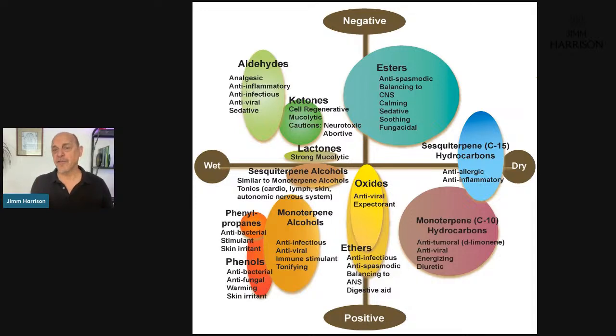The blue is an interesting color to observe because there's a compound called chamazulene. Chamazulene is in German chamomile. German chamomile is oftentimes called blue chamomile. The way it gets its blue color is through the chamazulene, which is a sesquiterpene hydrocarbon, and sesquiterpene hydrocarbons are anti-inflammatory.